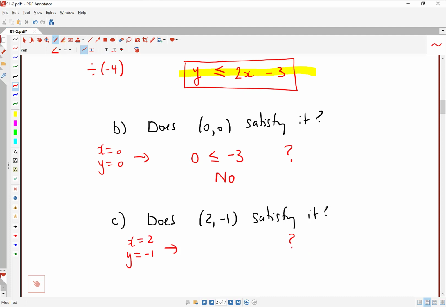So just plugging into the inequality that we've got at the top of the screen, y is negative 1, and we're saying negative 1 is less than or equal to, let's work out what happens when we sub x equal 2 into 2x minus 3, so you'd have 2 times 2 minus 3 would be 1. So we're asking, is negative 1 less than or equal to 1? The answer is yes. So the point 2, negative 1 does satisfy the inequality.